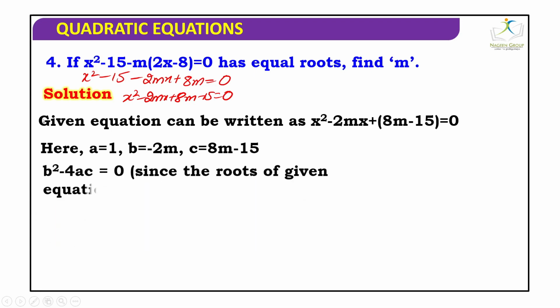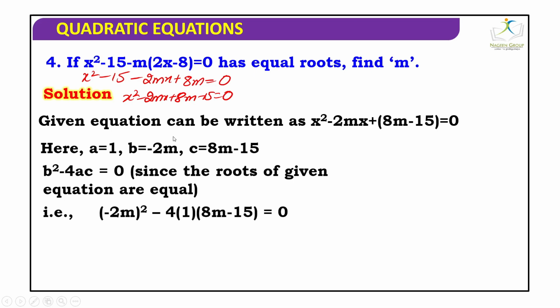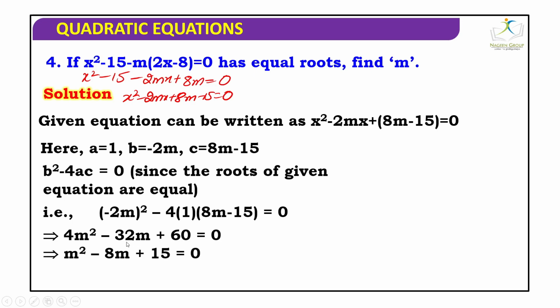Now b² − 4ac is equal to 0, since the roots of the given equation are equal, as given in the question, which implies the discriminant should be equal to 0. Let's substitute the values. The value of b is −2m, squared, minus 4, where a is 1 and c is 8m − 15, equals 0. Let's solve. It's 4m² − 32m + 60 = 0. From here we can take 4 common. It will be m² − 8m + 15 = 0.